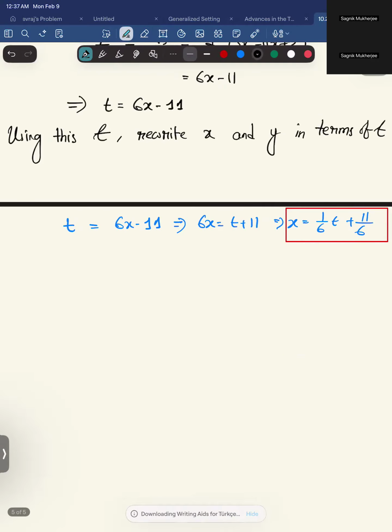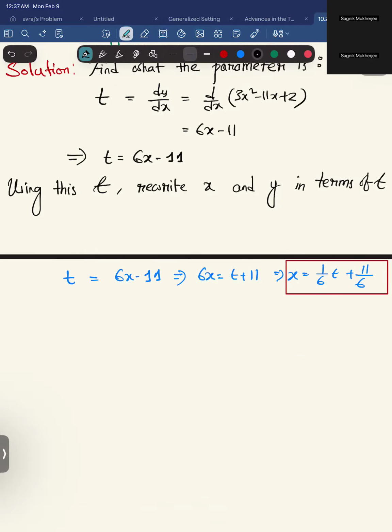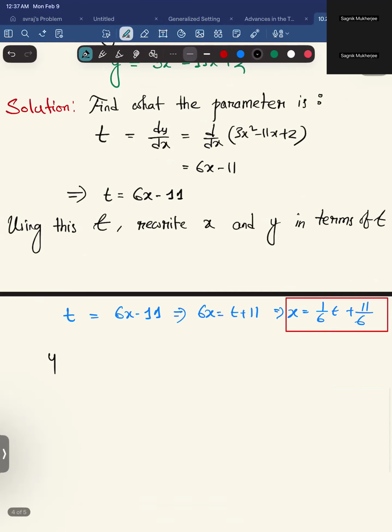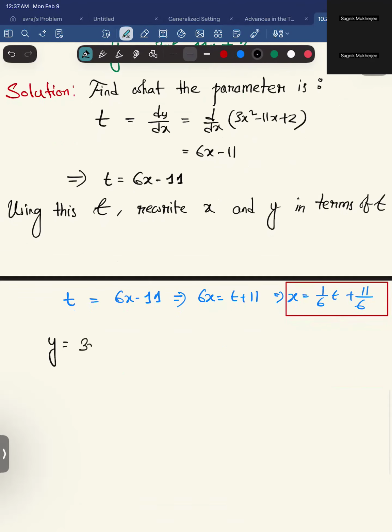On the other hand, remember that y is 3x squared minus 11x plus 2. But you have already written down x in terms of t, right? So plug everything back. So this is going to be 3 times (1 over 6)(t plus 11) squared, right? Minus 11 times (1 over 6)(t plus 11), plus 2. Simplify everything.